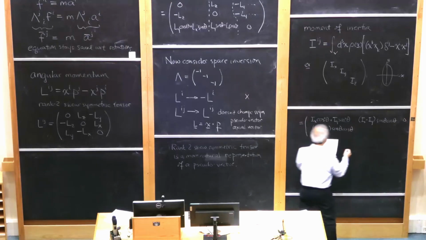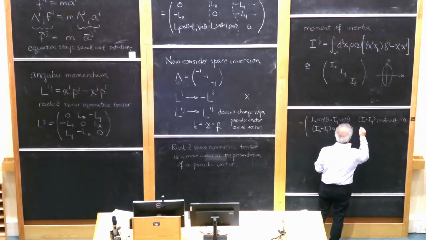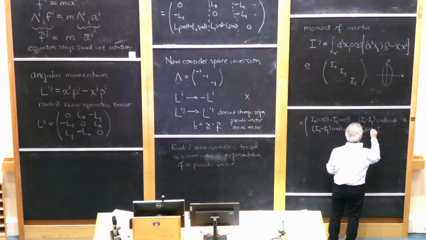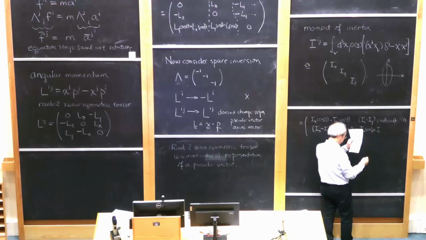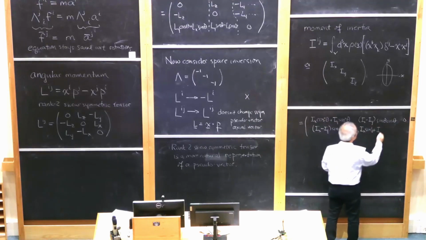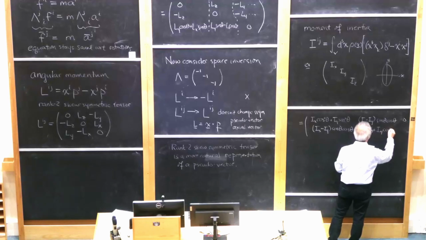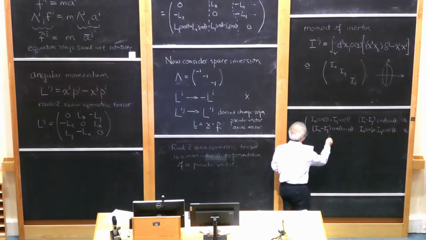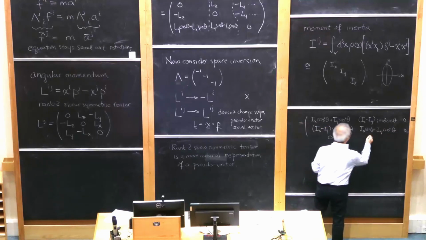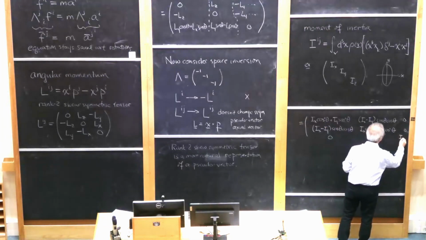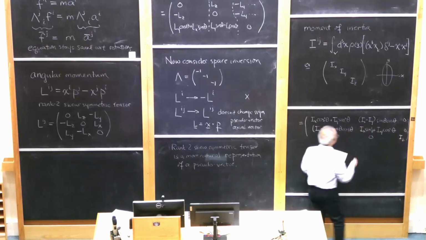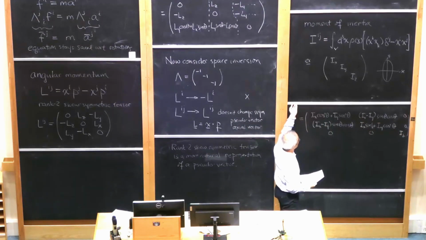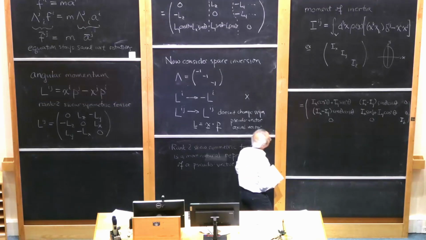Then the other diagonal element will be Ix sine squared theta plus Iy cosine squared theta. Again, a 0. And then this will be a 0, and Iz, okay? Because obviously rotating around the z-axis, you're not actually changing the z-axis behavior.